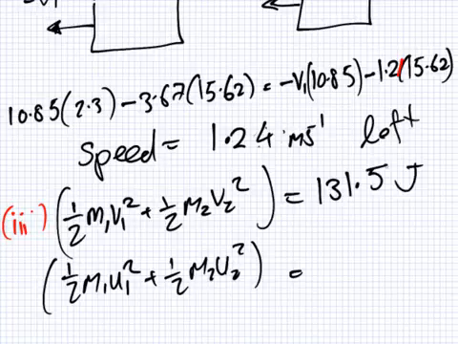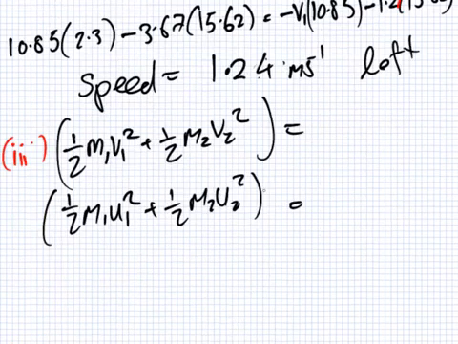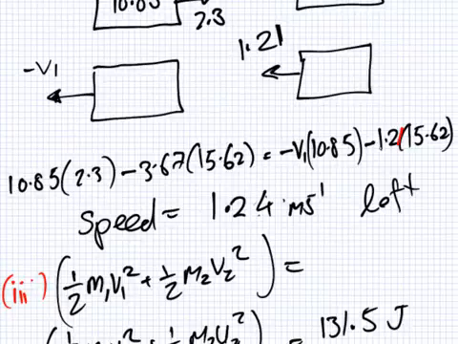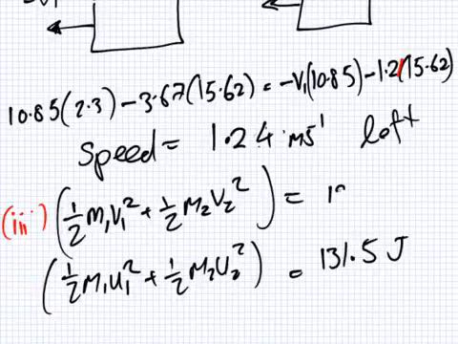That's before the collision. Then after the collision, what are the speeds? V1 is 1.24, and V2 is 1.21, correct. So after the collision, it's only 19.51 joules. So there's a big difference.